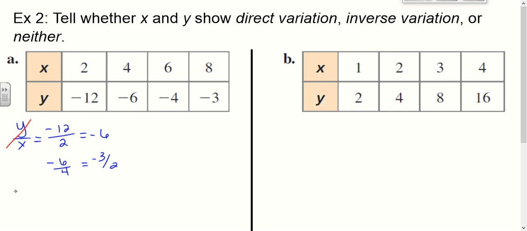Now let's try inverse. Inverse is x times y. So let's try that with some of these numbers. 2 times negative 12 is going to give me negative 24. 4 times negative 6 also gives me negative 24. 6 times negative 4 gives me negative 24.